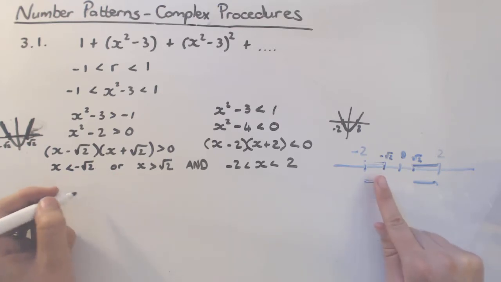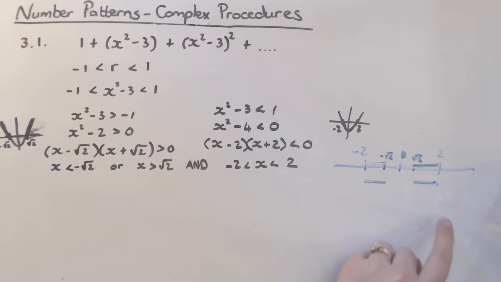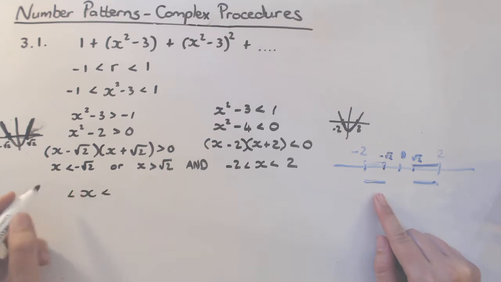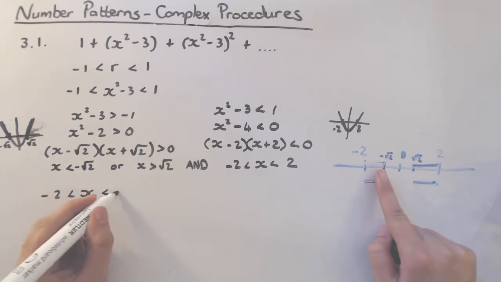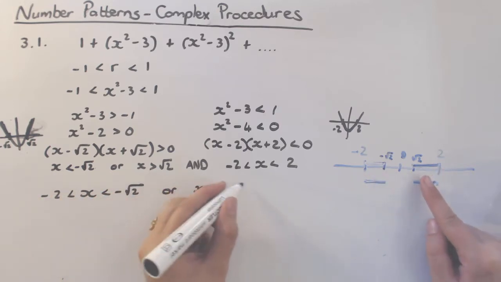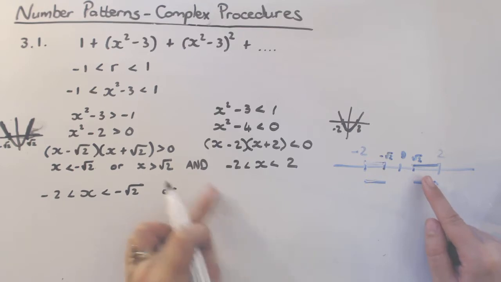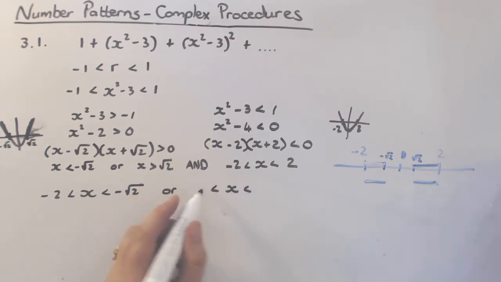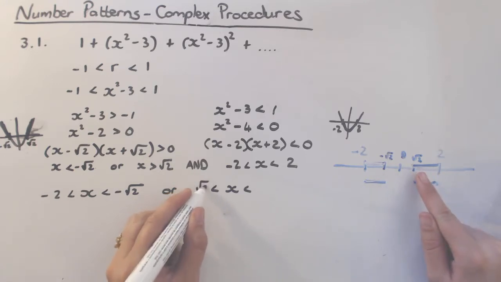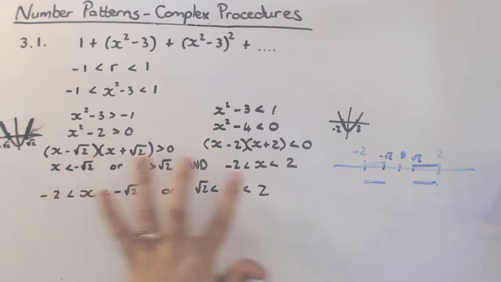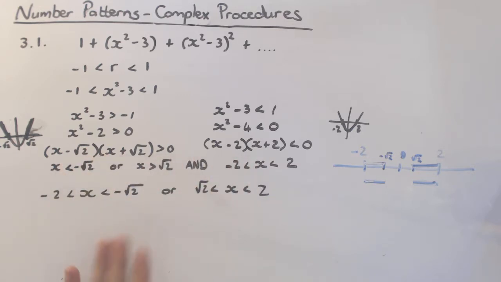So I can say from this, if I look at the number line, that x must lie between minus 2 and minus root 2, or x can lie between, let me just shift this up a little bit, root 2 and 2. Right, so there's these two things combined then, and that will be my final answer.